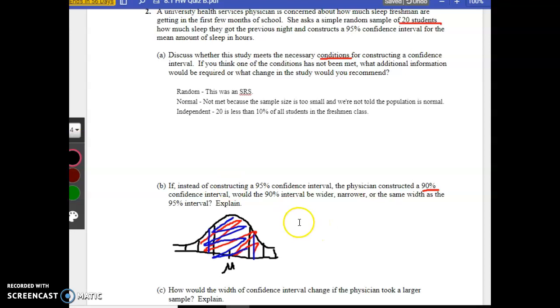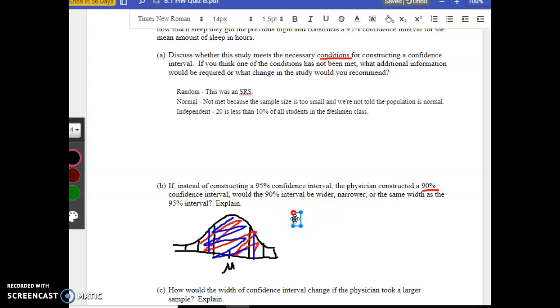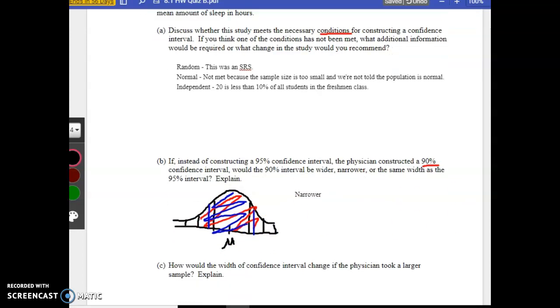And you'll kind of see that a little bit further on in the chapter. But here you would say it's going to be wider. Sorry, narrower, just kidding. And just to save a little time, because I'm up to almost my 15-minute max, it's going to be narrower because the center of my curve, 90%, is less area than 95%.